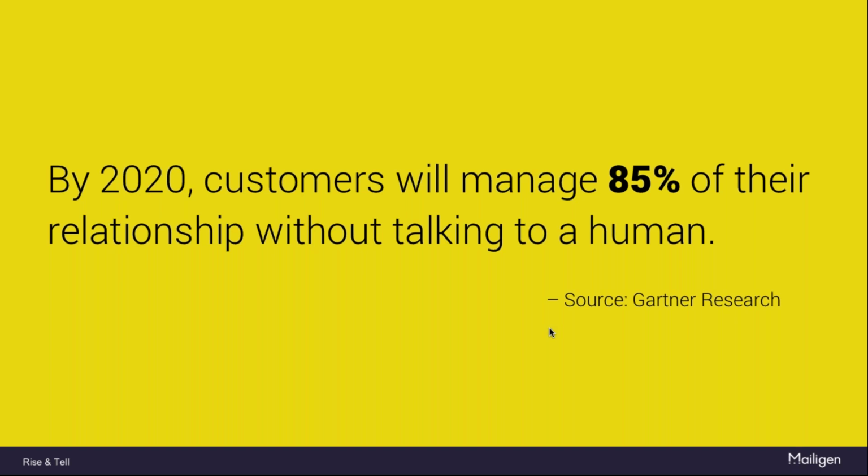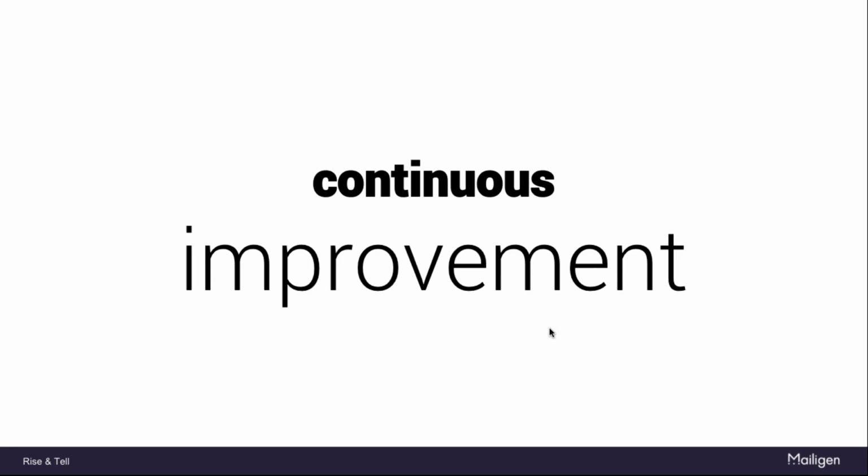So it's important that we think about automation not as a replacement of people, but as a way to establish a relationship that can then be taken over by a real human when that relationship is hot enough. And email automation can help us maintain and create that loyal relationship.